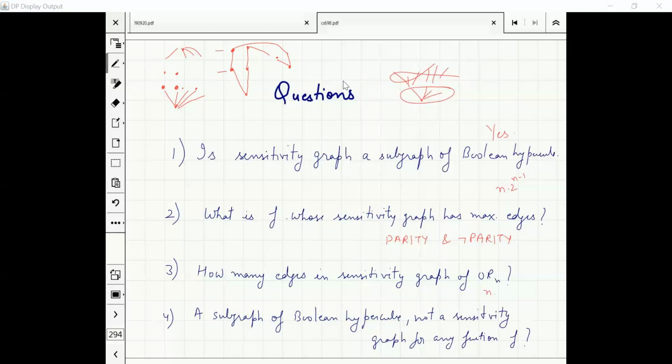Since we don't have an edge between one of the vertices, this means that the value of f was the same over there. At Hamming weight level 1, the value is the same, yes, for both the vertices. That is correct. Because whatever was f(x) here, this will be not of f(x), right? At both the things.